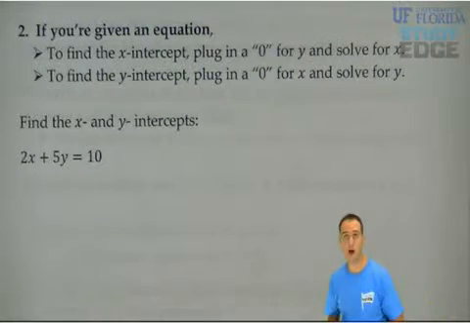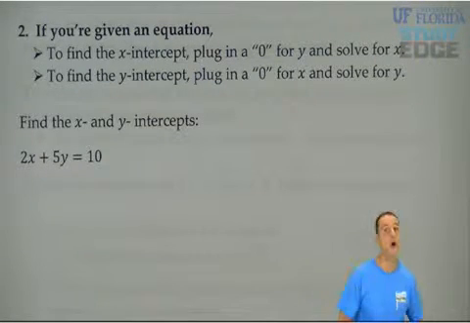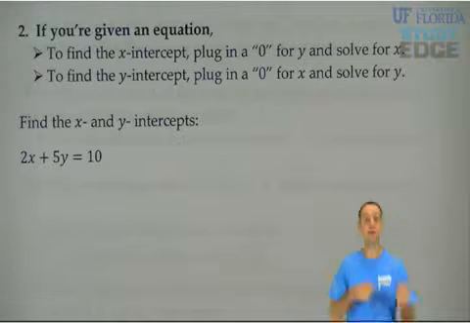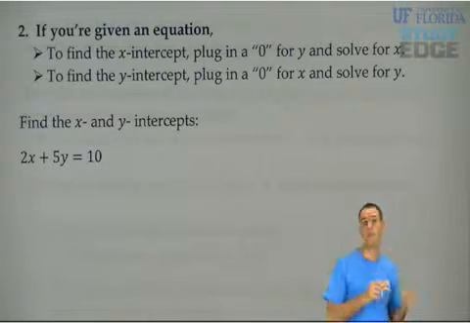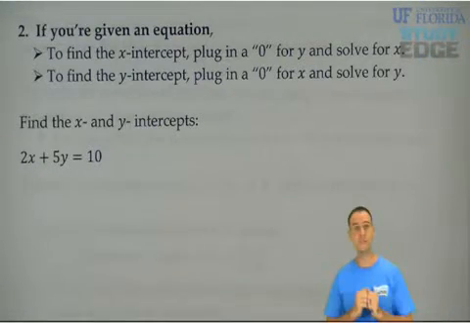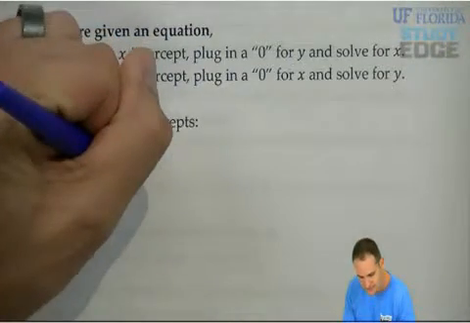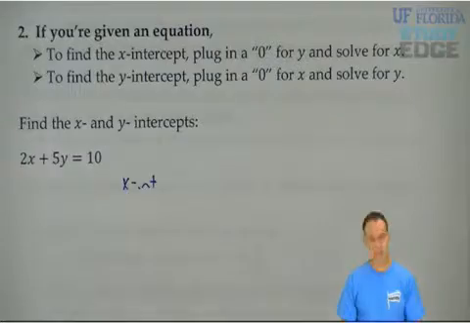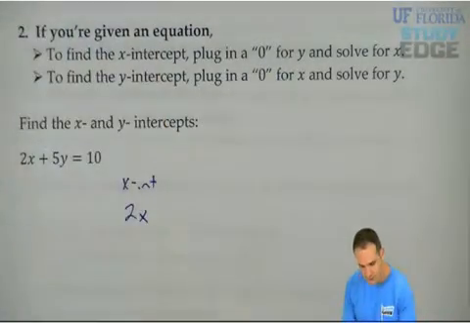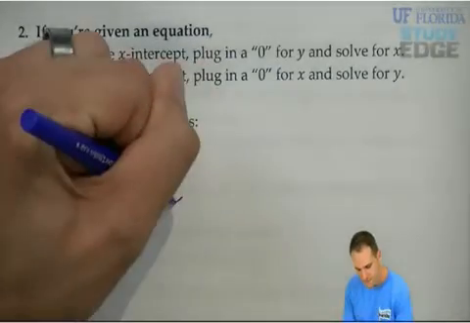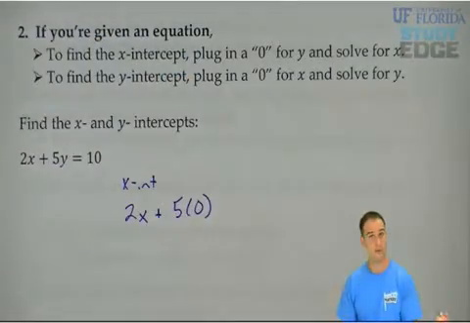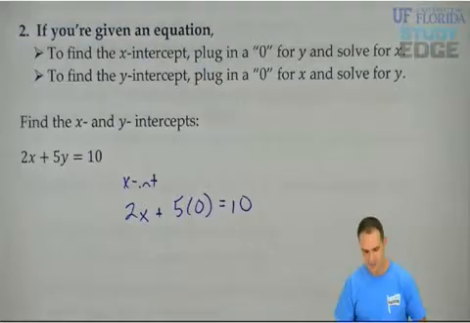Now if you're given an equation, to find the x-intercept, you put a 0 for y and you solve for x. For a y-intercept, you plug in a 0 for x and you solve for y. So for this first equation, find the x and y intercepts. For the x-intercept, I'm going to plug in a 0 for y. 2x plus 5 times 0 equals 10.